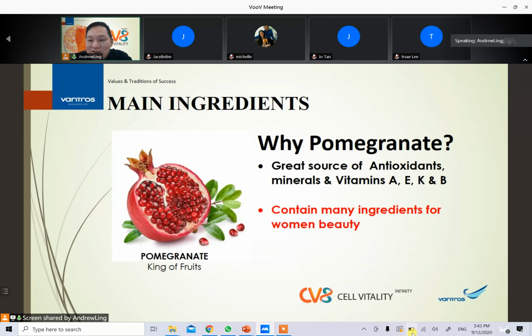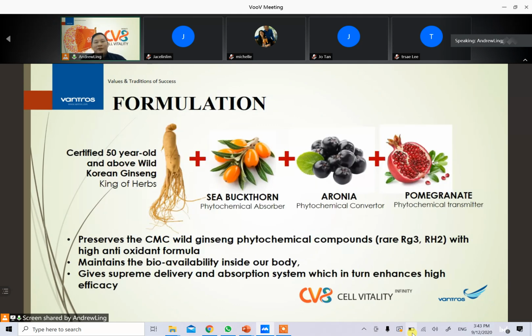They consider this fruit food from heaven, because again, it is a great source of antioxidants, and at the same time, it contains many ingredients for women's beauty, especially those who want to look good. If you take a lot of pomegranate, it will help. Okay. And of course, even if you talk about the individual ingredients, each is already very special.